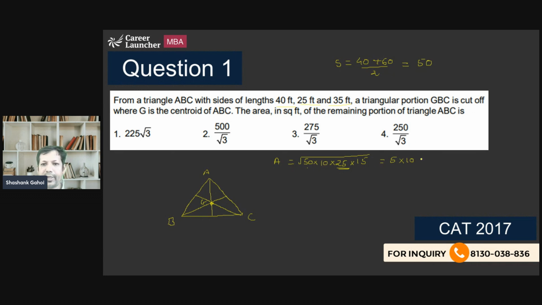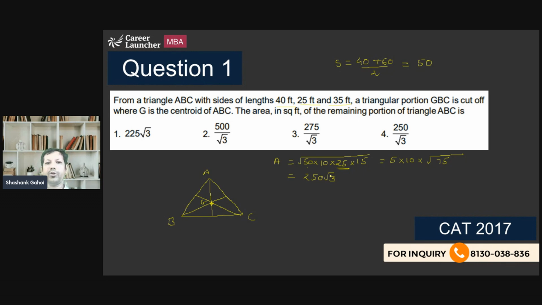So that comes out to be 10 into square root of 5 and 15, so that is going to be 75. So this comes out to be 250 into root 3. So my remaining area should be smaller than this.